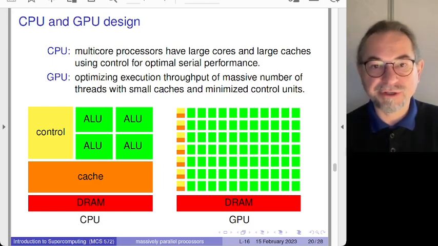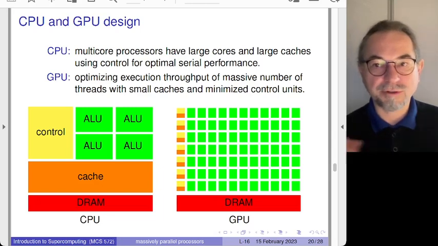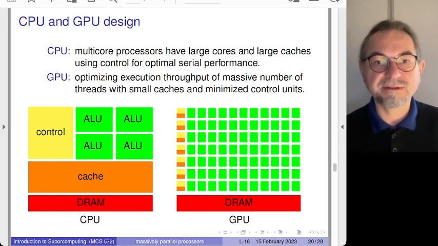But the synchronization issues were mirroring the communication issues that we had with distributed memory passing.